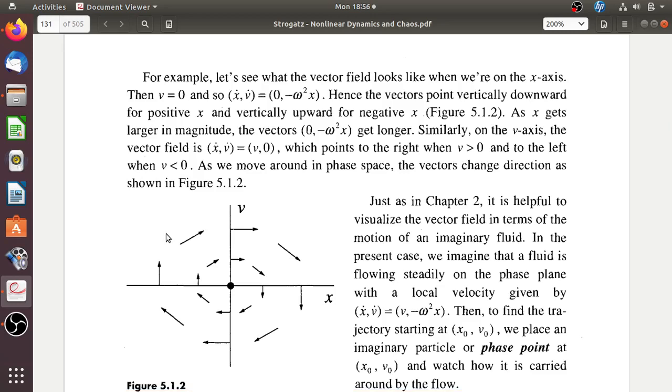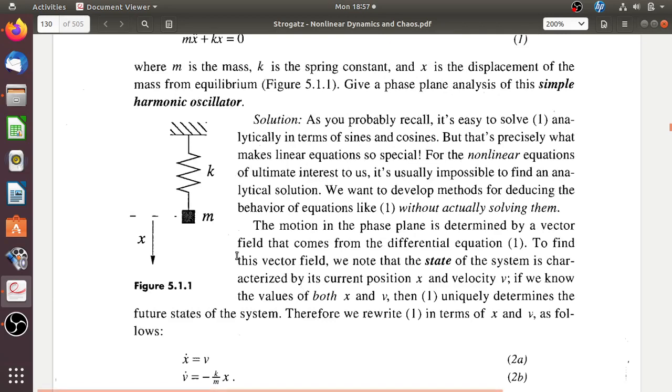Now for example, say my system is at this point. What does that mean? It means it has some x value, but a 0 v value. The x value is of positive value and v is 0, which means velocity is 0 but the spring has been stretched.